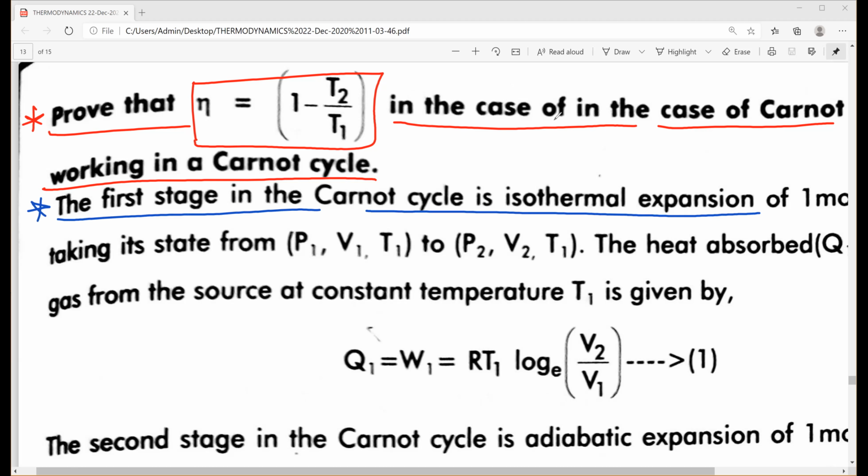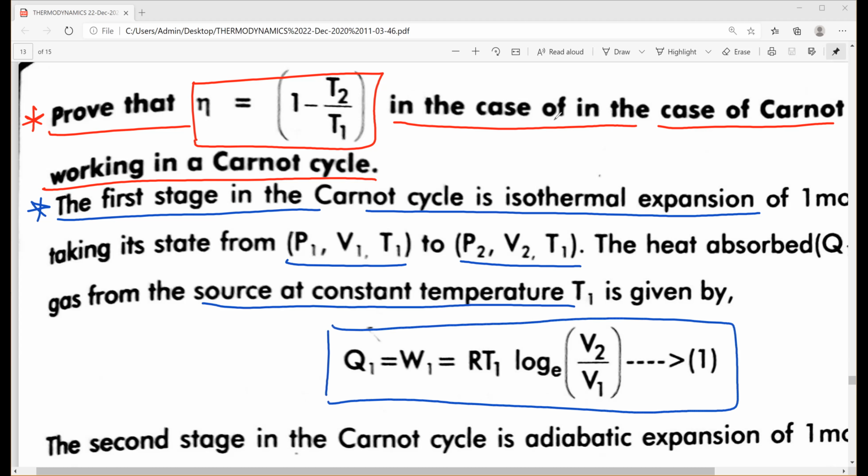In the first stage, isothermal expansion, we are considering 1 mole of gas, taking it from P1 V1 T1 to P2 V2 at T1. Here heat absorbed from the source at constant temperature T1 is represented by Q1, which is equal to W1, equal to RT1 log of V2 by V1, mathematically. Let us consider this as equation 1.